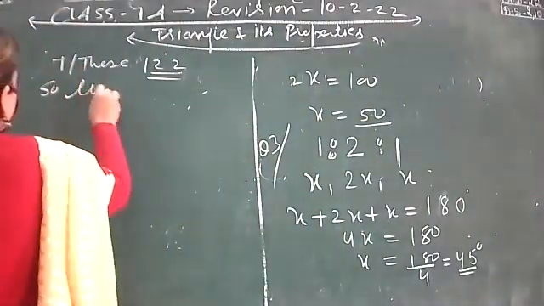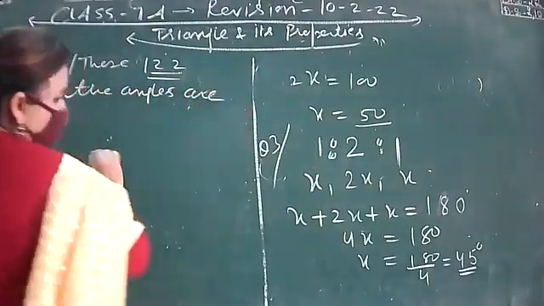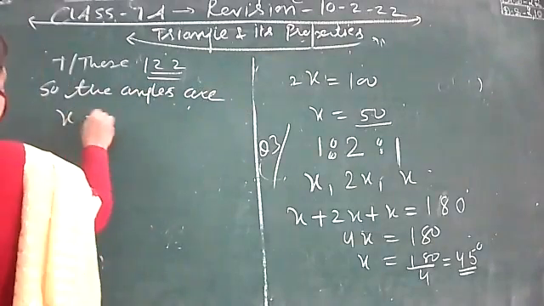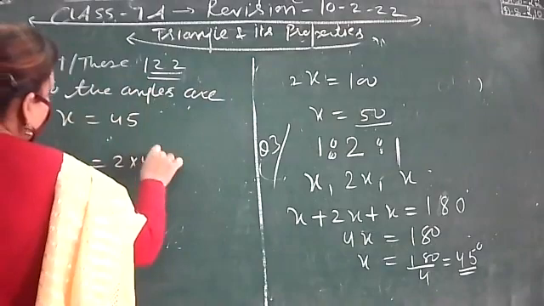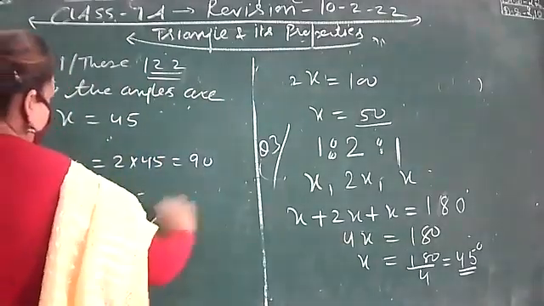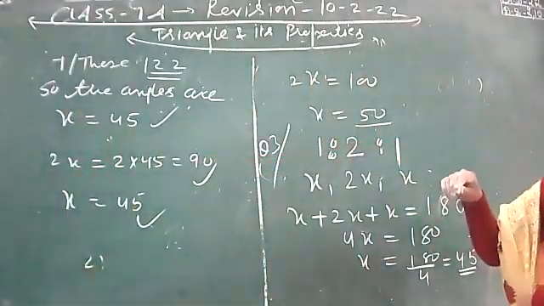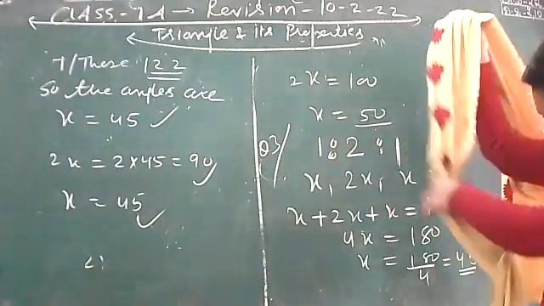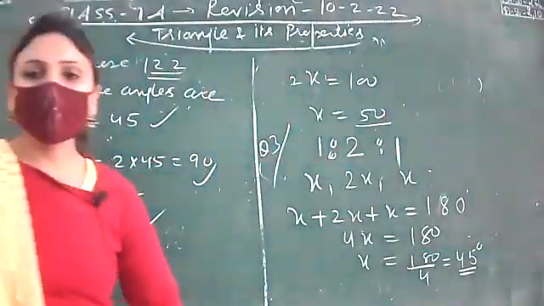So the angles are x equal to 45, 2x is 2 into 45, 90, so the angles are 45, 90 and 45.